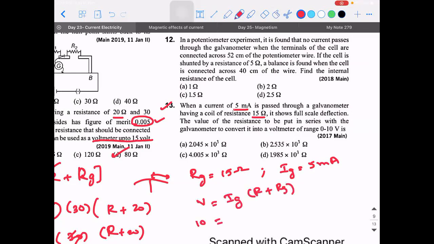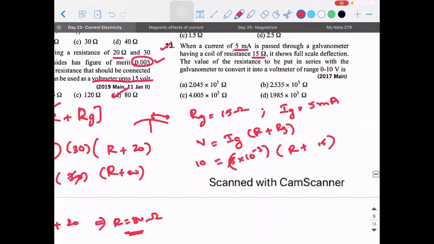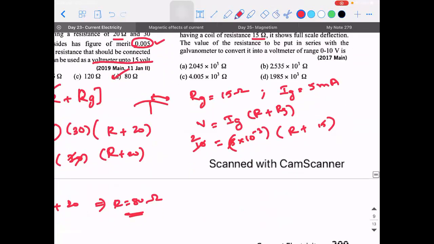So 10 is equal to 5 into 10 power minus 3 into R plus 15. So 2000 is equal to R plus 15. So R is equal to 2000 minus 15, that is 1985. So 1.985 into 10 power 3 ohm.